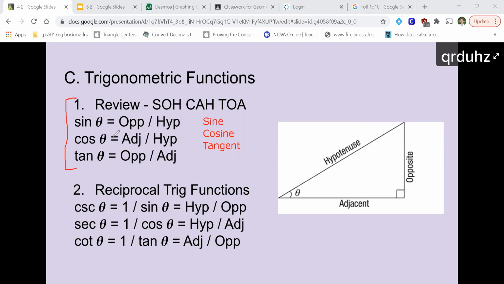The cosine of an angle is supposed to tell you the ratio of the length of the adjacent side over the length of the hypotenuse. And the tangent of an angle is supposed to tell you the ratio of the opposite over the adjacent. SOH, CAH, TOA.